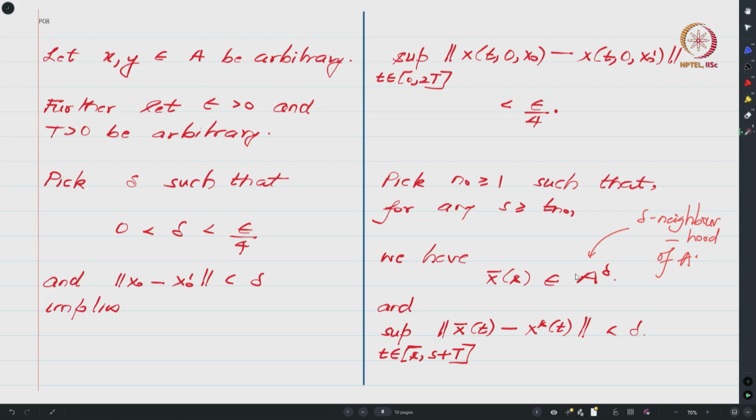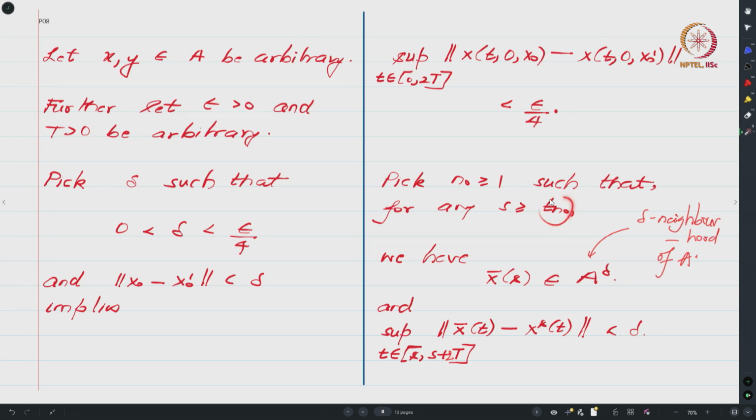On top of that, we also require that this t_{n0} satisfy the property that for any s bigger than or equal to t_{n0}, the distance between x bar t, your linearly interpolated trajectory, and the solution of your limiting ODE starting from x bar s, in this window of size 2t, should be delta away.